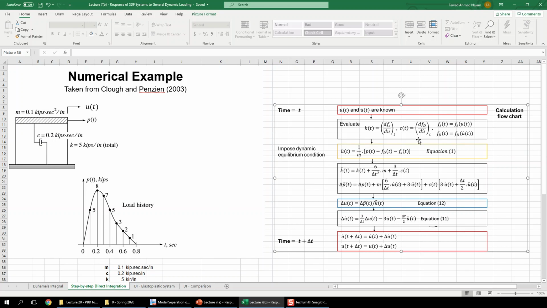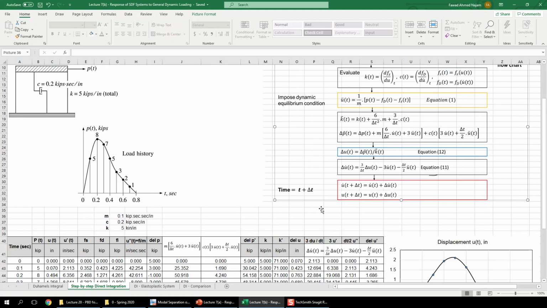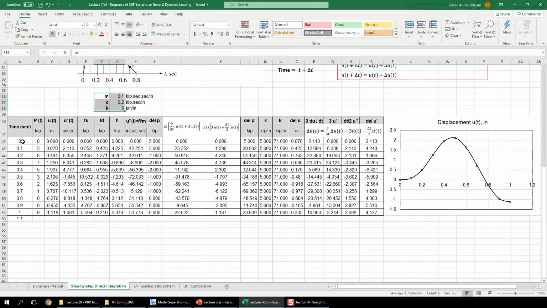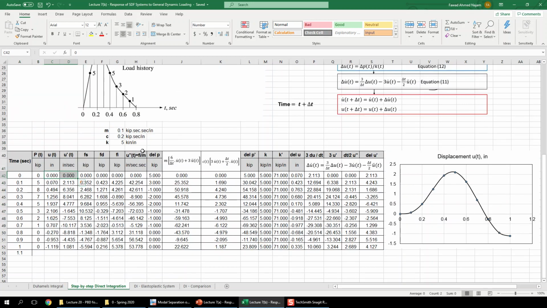So you can use this flow chart to automate the calculations for all time steps. Here your m, c and k are given, and your time t and p of t are also given. The initial values which we will assume are 0, 0 for displacement and velocity.